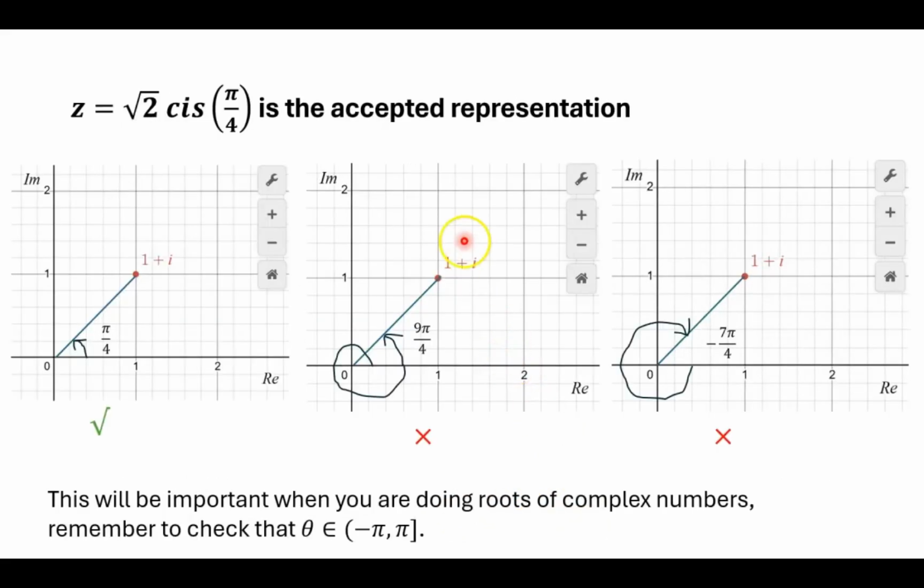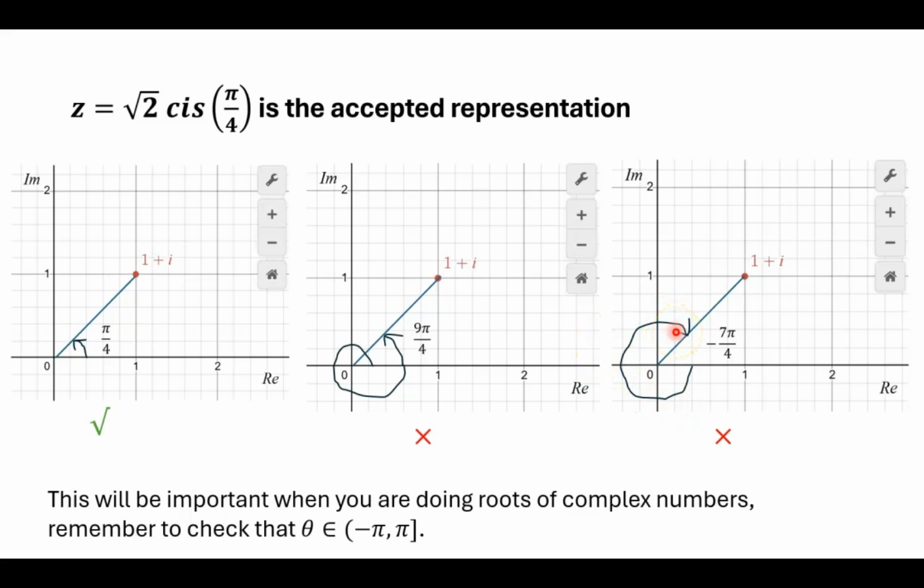So if you write z equals square root of 2 cis pi over 4, this is the accepted representation. As you can see there, this is the smallest angle you can measure. If you measure the argument like this, with one extra cycle, you go around about 360 degrees more, which is another 2 pi, and you get 9 pi over 4. This is not accepted. And if you measure it clockwise, you get negative 7 pi over 4.